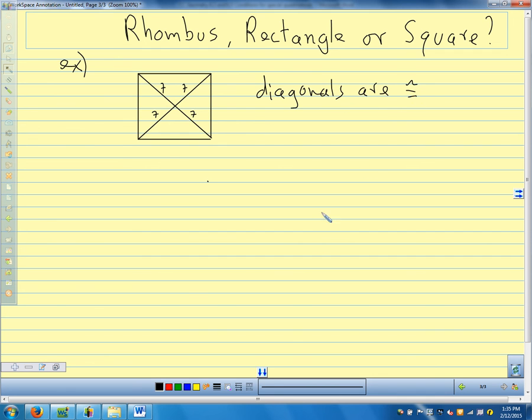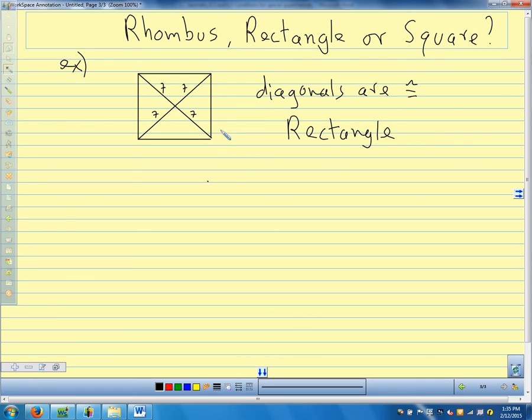What does that tell us? The rectangle. What would we need to know that this was another kind of shape? We need to know angles or lengths of sides.